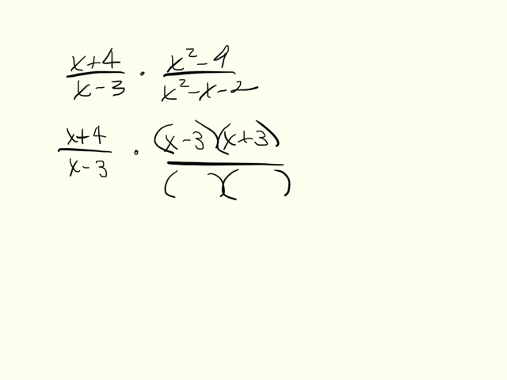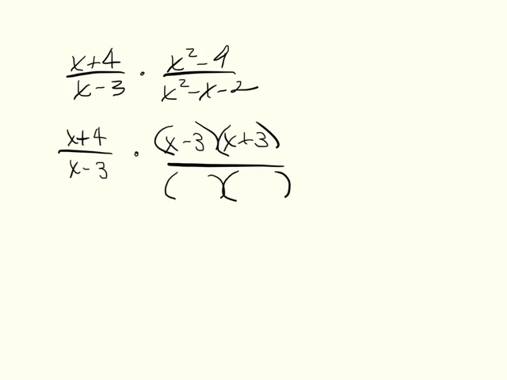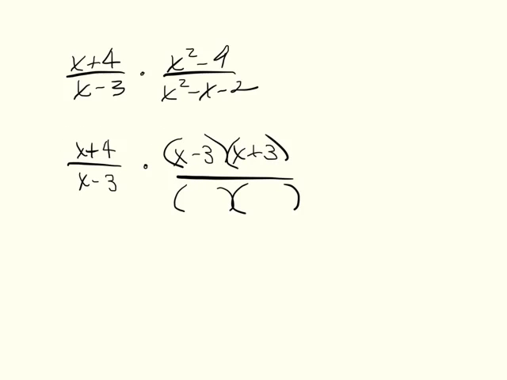So my question is always, what times what is negative 2, added together give you negative 1? And in this case, it's going to be x minus 2 and x plus 1.